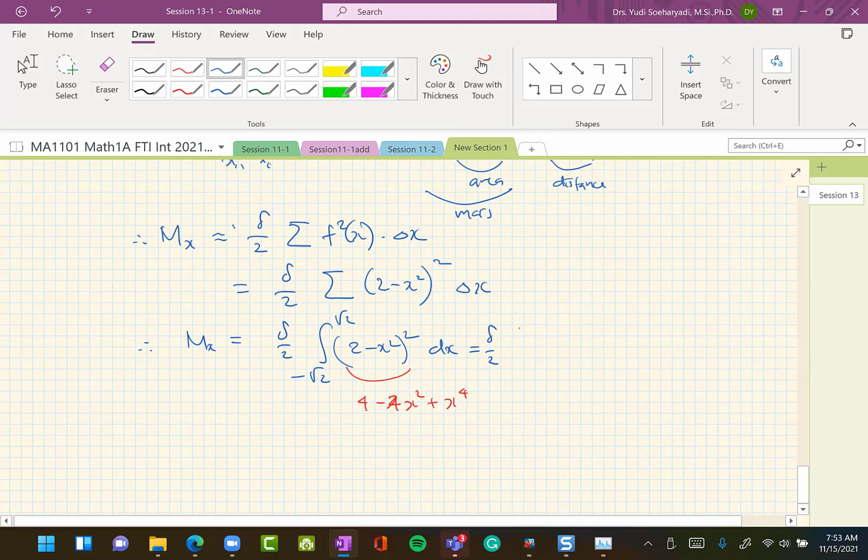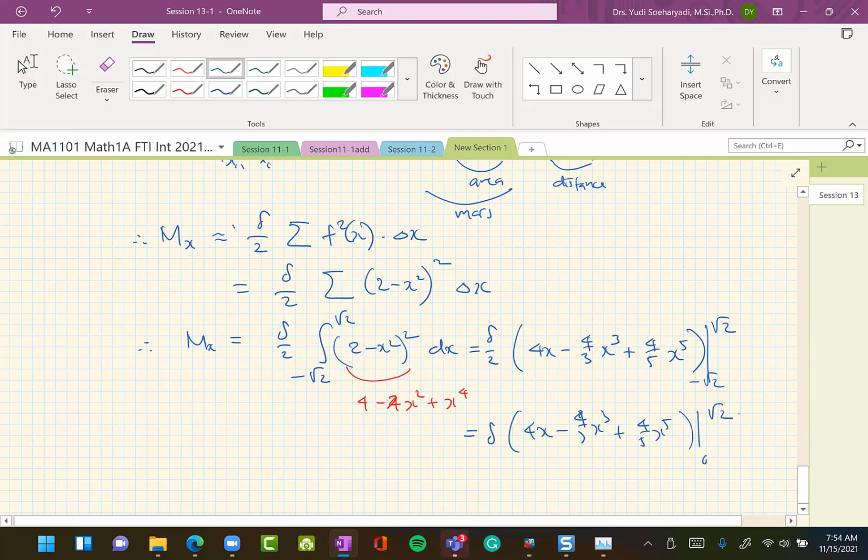So what we have here is 4x minus 4/3 x cubed plus 1/5 x to the fifth, and it is twice of this formula using symmetry.